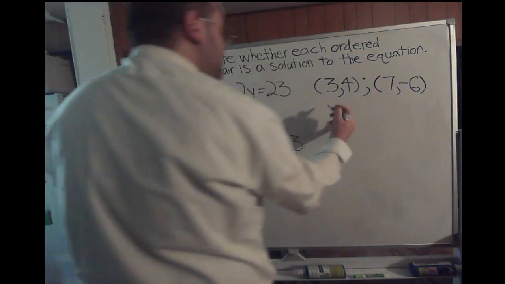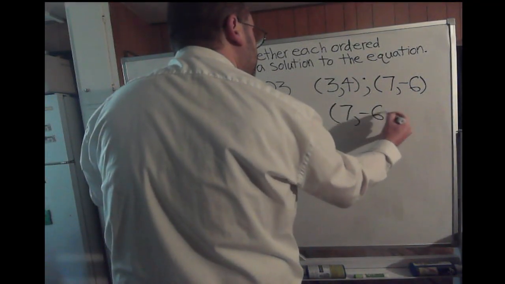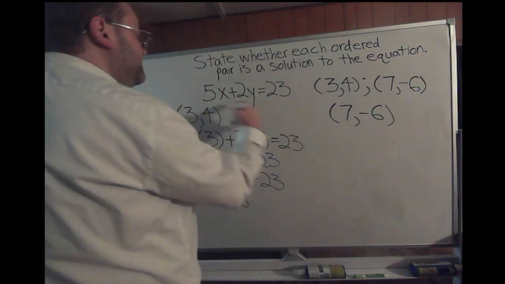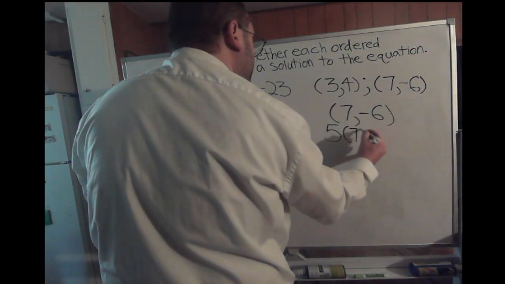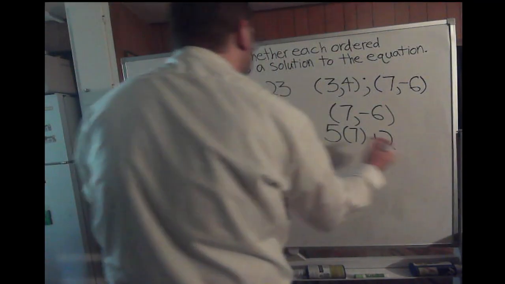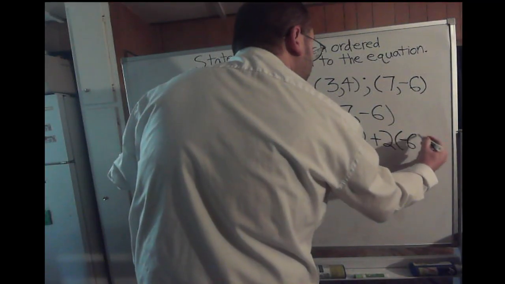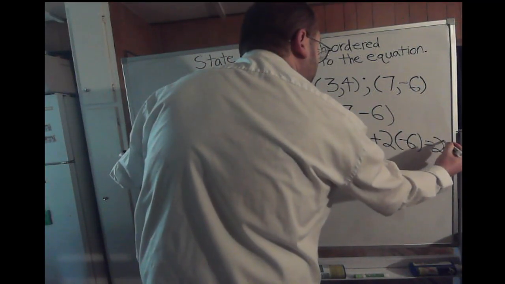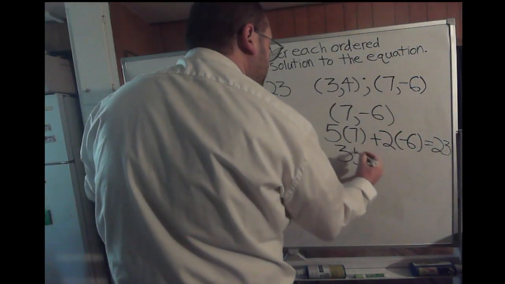Now let's do the same here with 7, negative 6. So you're going to take your 7, put that in for x, so you'll have 5 times 7 plus 2 times negative 6. Set that equal to 23, okay? Well, 5 times 7, that's 35.